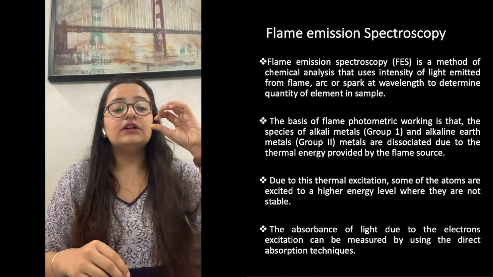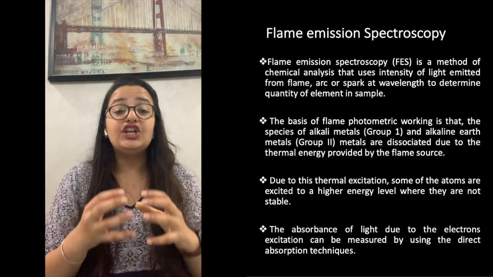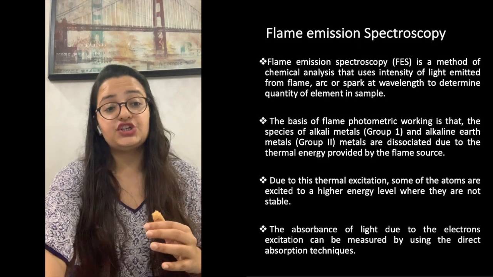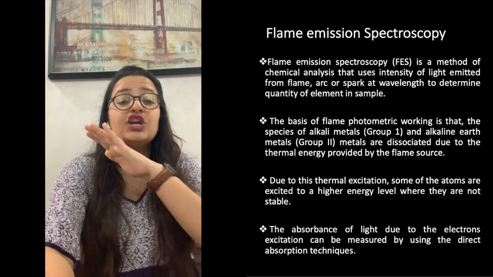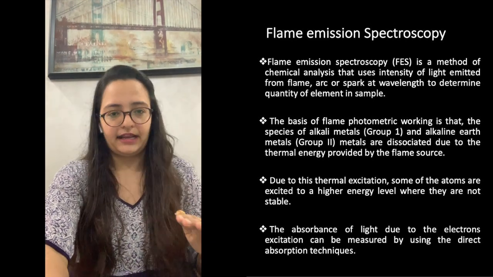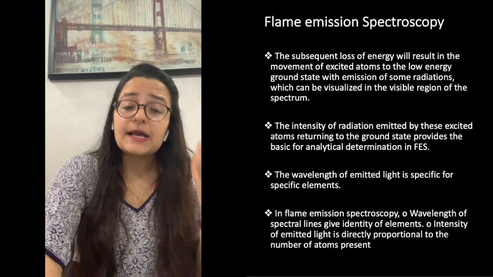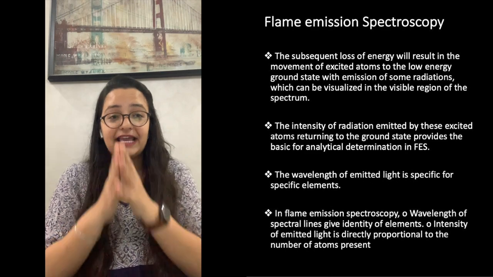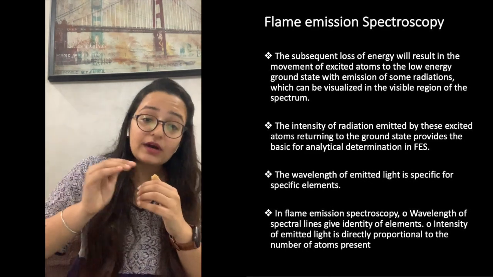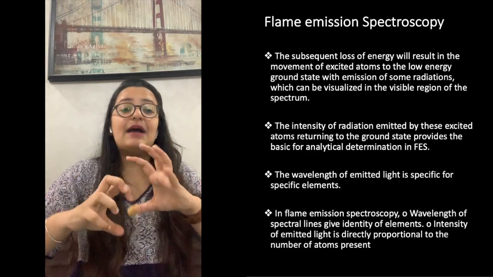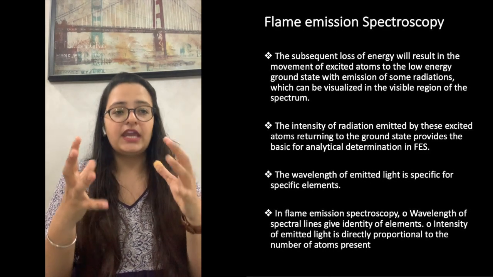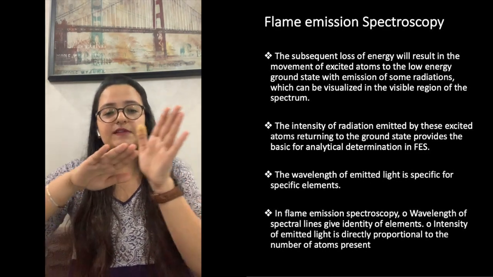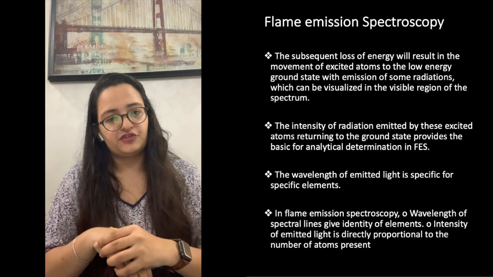The absorbance of light due to electron excitation can be measured by using the direct absorption technique. The subsequent loss of energy results in the movement of excited atoms to the lower energy ground state with emission of some radiation, which can be visualized in the visible region of the spectrum.